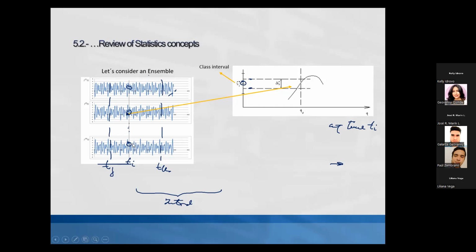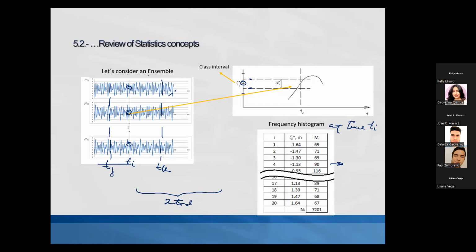And from there we prepare a frequency histogram. In this example, I'm showing 20 intervals. For each one of these intervals, we have this class. This is like the mean value in each one of these intervals. It's basically the name of each interval. Then here, I have the number of times that we have one of these results in each one of these intervals.